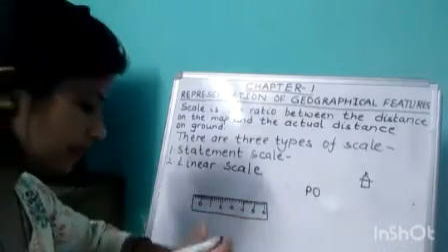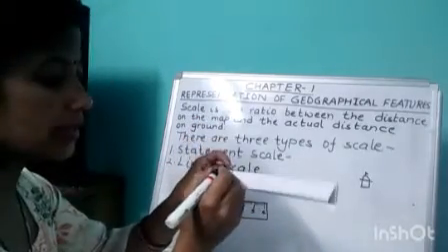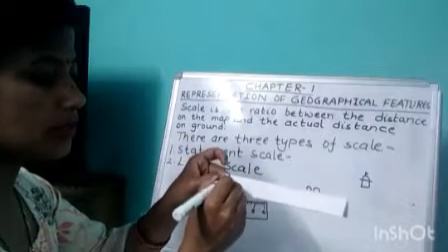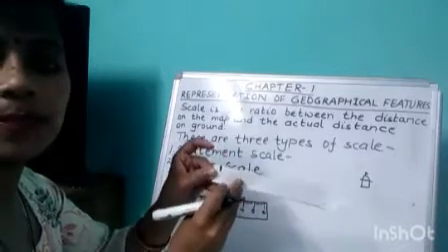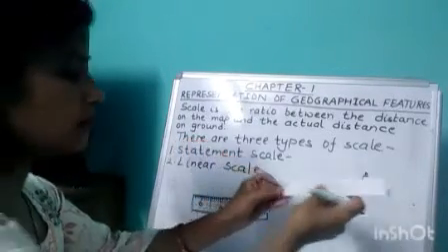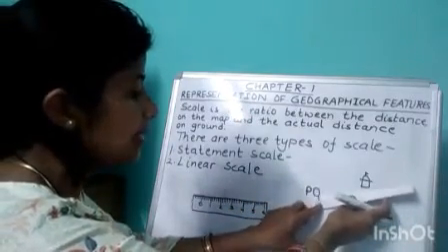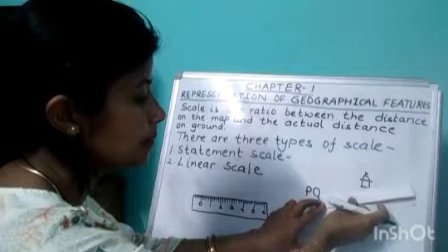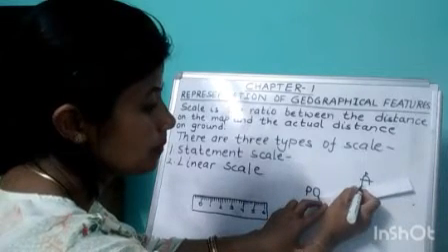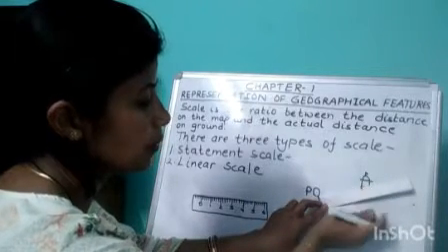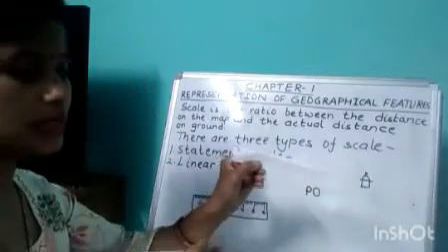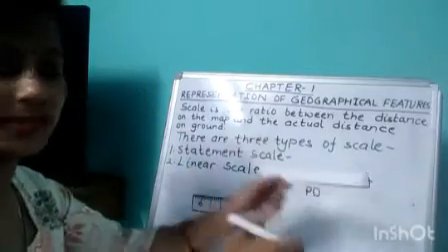Take a paper. You have to mark here first. Then after you have to place here, and then here. This is the distance between these two places.